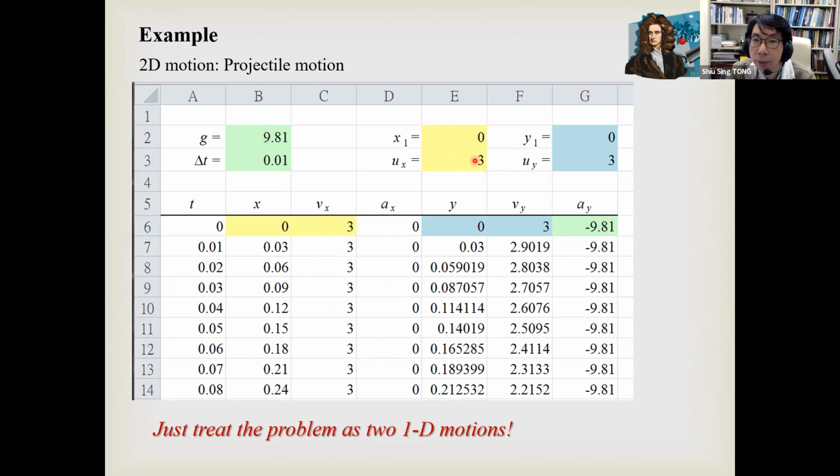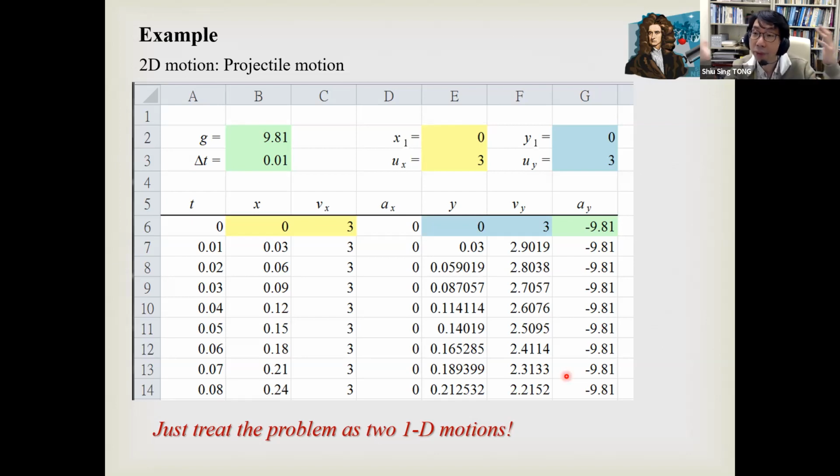I refer it to ux. So these two equations don't change, the same as before. I do the calculation. And for the y direction, the vy I refer to this cell, okay? And the acceleration in the y direction, I refer to this g, okay? And the calculation is the same as before, and we just copy and paste downwards, and we get a solution.